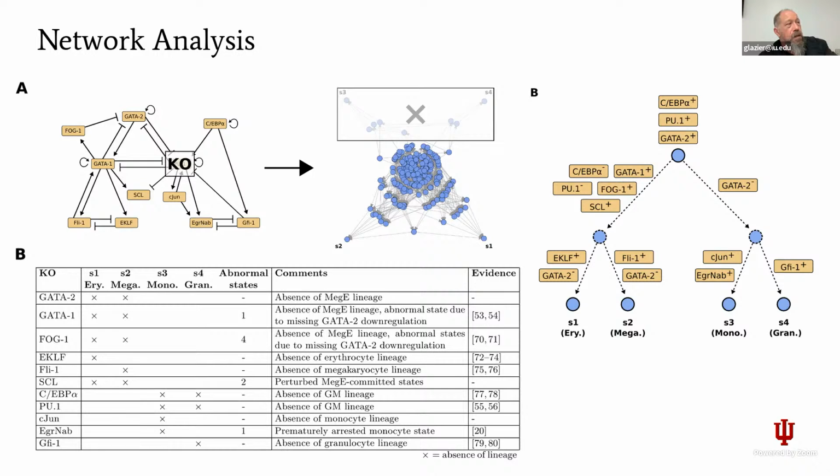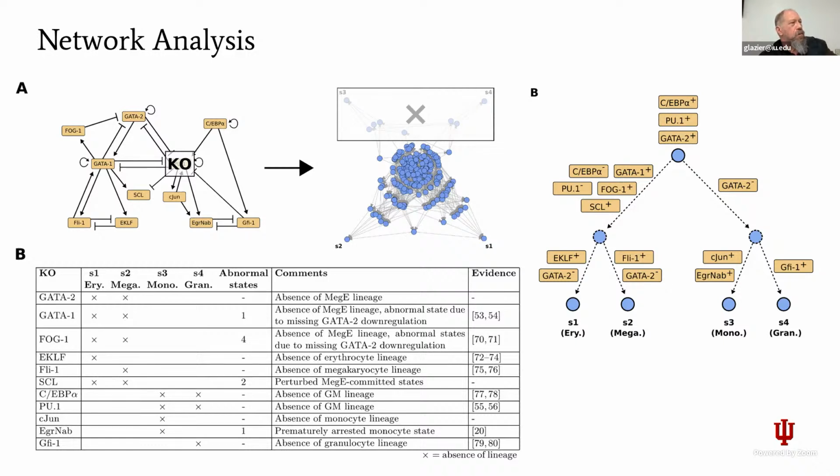If you want to understand how these circuits work, it's helpful to try to break them up into modules. They're not really modular because the coupling is very strong, but you can get an intuition about what's happening. Anytime you see something like GATA1 auto-activating, that's going to be bistable. Anytime you see GATA2 auto-activating, that'll be bistable. If you had nothing else, if GATA2 is low, it stays low. If it's high, it stays high.